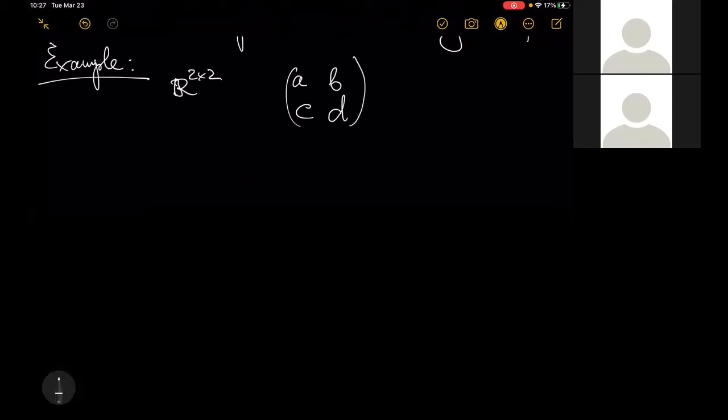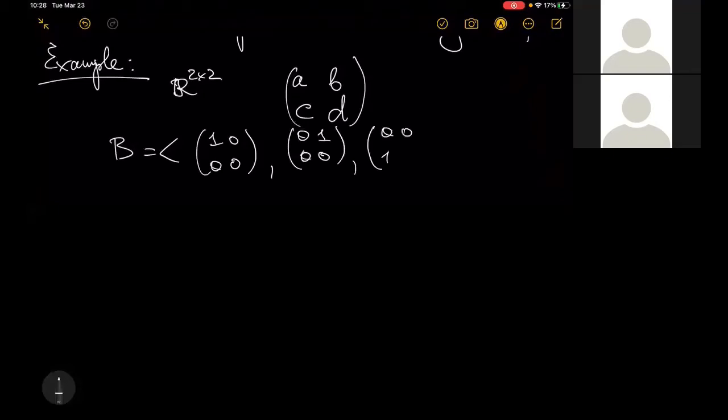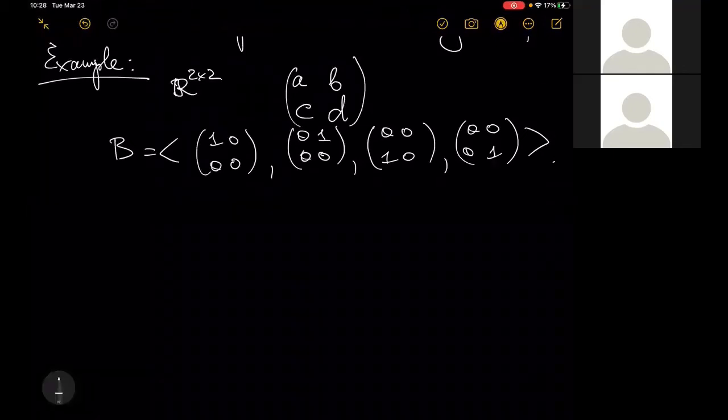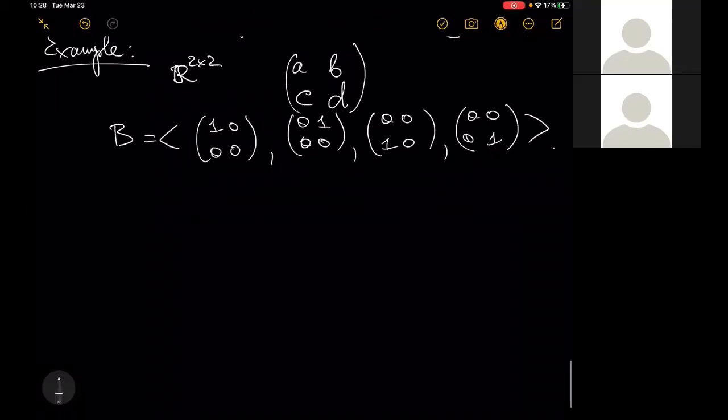So we can consider always natural basis. Could you please tell me what is the dimension of this space? 4. 4, exactly.